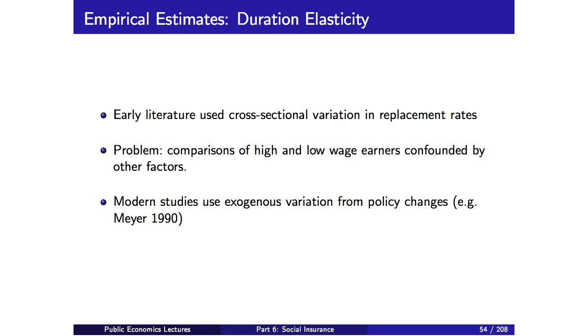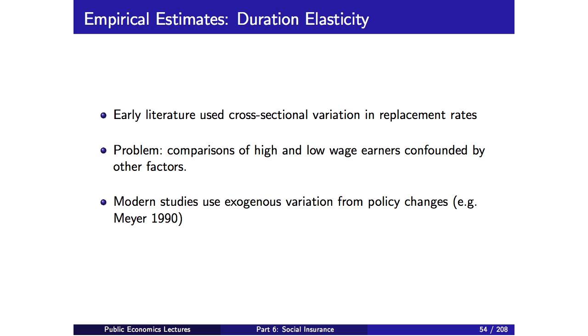So the early literature on this subject, going back to the 70s, used cross-sectional variation in replacement rates. This is the simple idea that some people, remember the shape of the UI schedule that I showed you, where it's upward sloping and then there's a cap? That's going to generate cross-sectional variation in replacement rates, right? Because some people are going to have higher replacement rates than others.